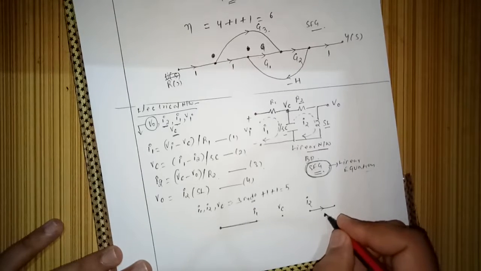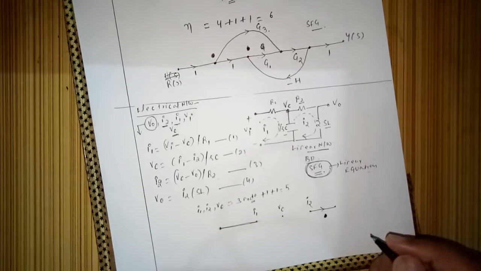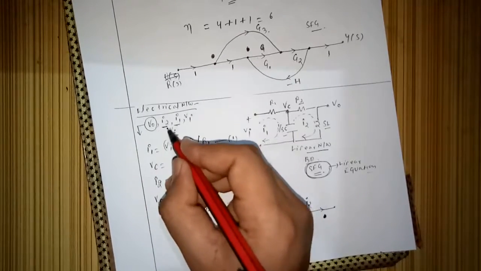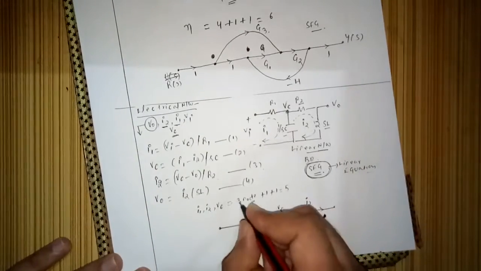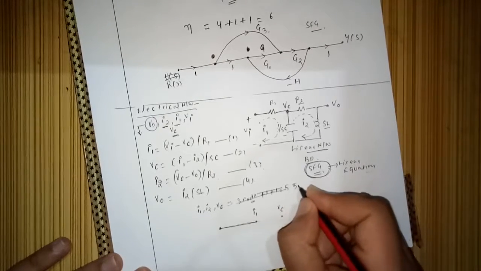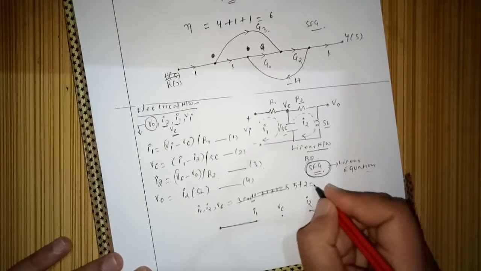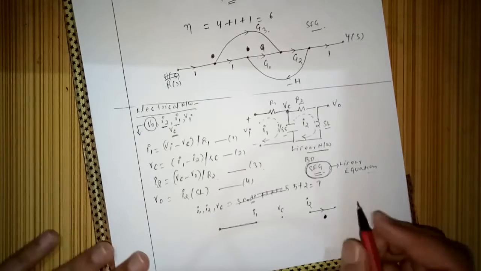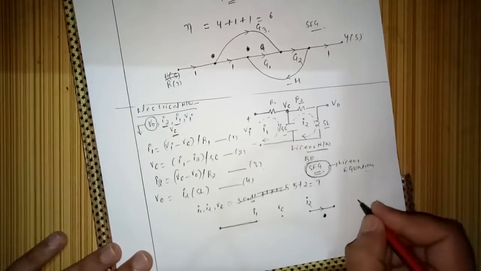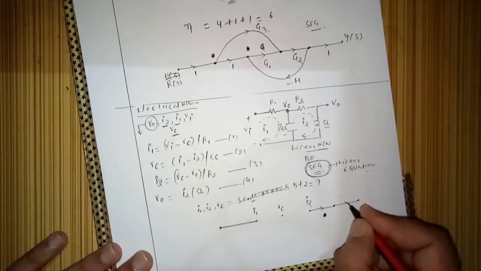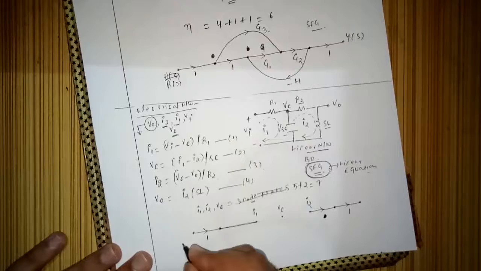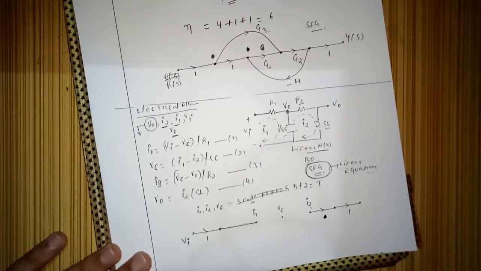Sorry, this is not unity gain. Here we have V0, Vi, VC, I1, I2. So total 5 nodes plus 2 nodes for input and output. We require a total of 7 nodes, right? So this is unity gain, and this is here unity gain, and we have Vi.